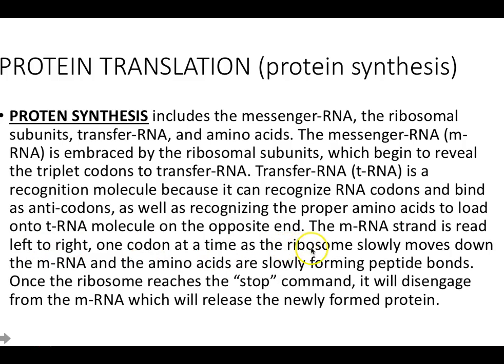So the ribosome is going to slowly move down the messenger RNA, and the amino acids are going to slowly form peptide bonds as the amino acids are added on and added on and added on until you get to a stop command, and then the protein is complete. The ribosome will disengage from the message, and the message will release the newly formed protein.